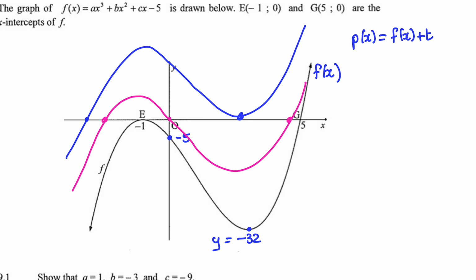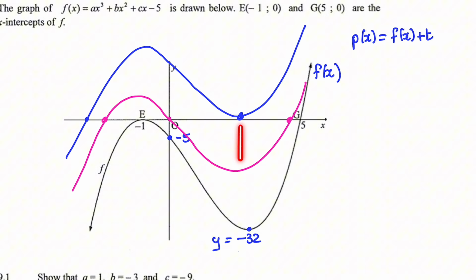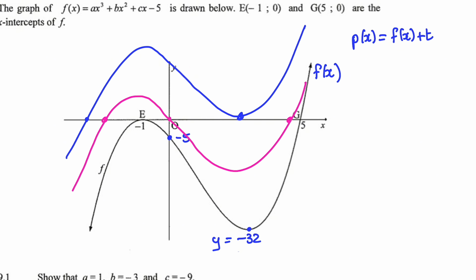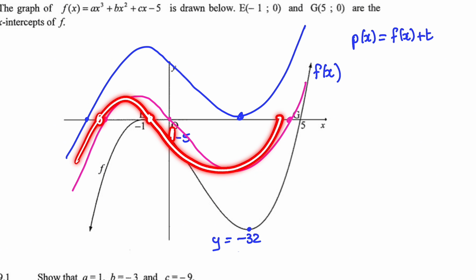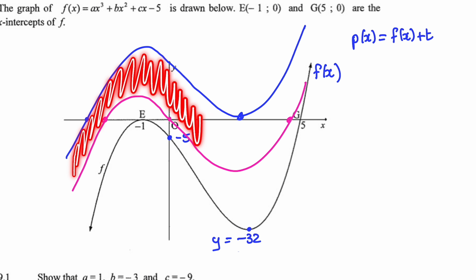So can you see that in between a movement of 5 and up by 32, there will be a negative root and two positive roots. Anything more than 32, there will be no positive roots, and anything less than 5 units will give me two negative roots. So t needs to be between the blue and the pink graph.